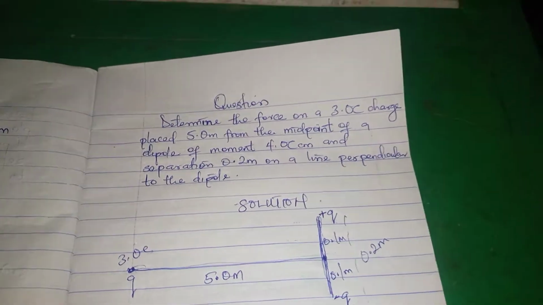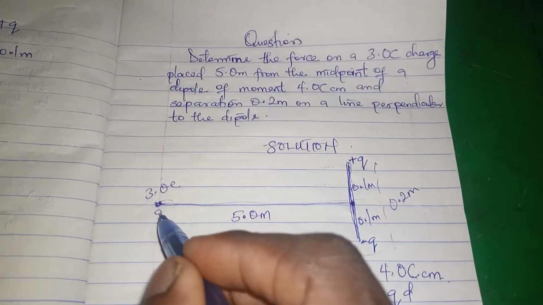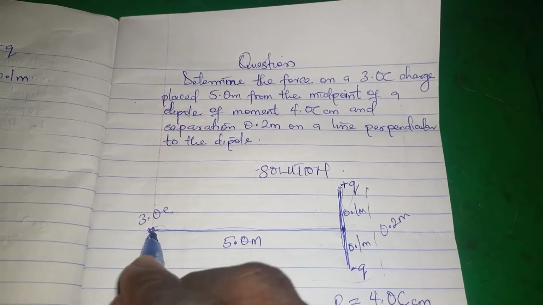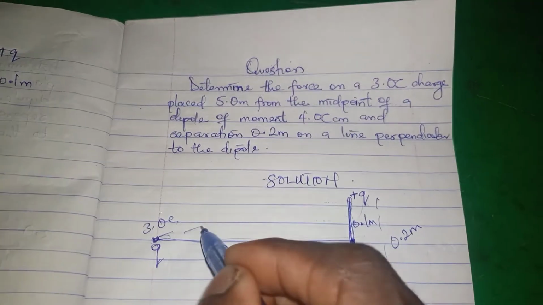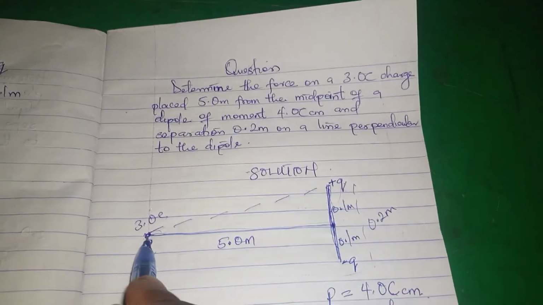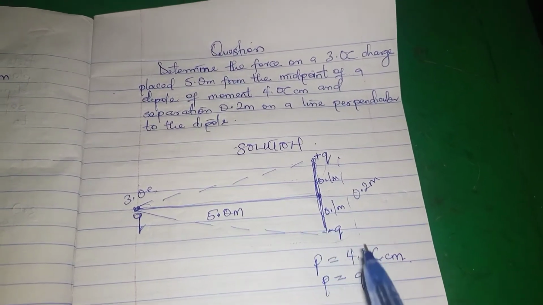We have interpreted the question accurately, but there are some things we need to complete on this diagram. The distance between this particular charge and the positive pole, plus Q, is going to be through this line, while the distance between these two is going to be through this other line.